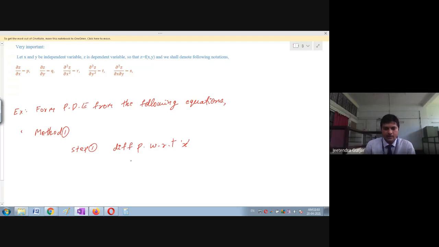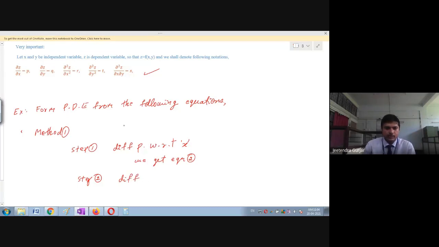We get one equation, we simplify it using these formulas, and we keep this as equation number 2. Next step, we differentiate again.